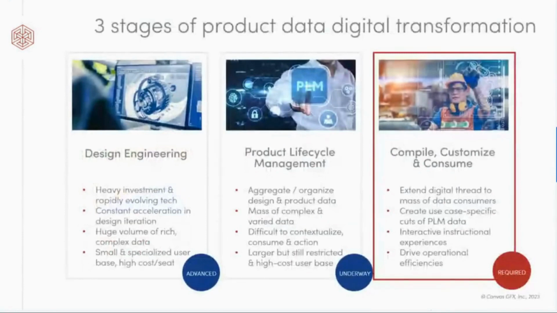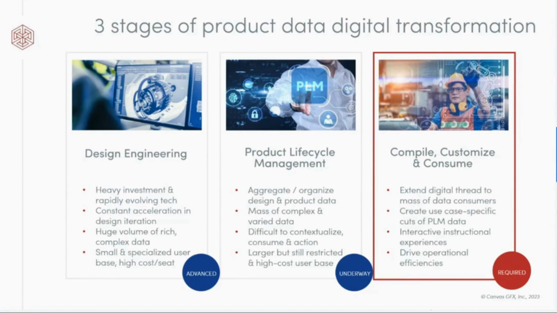We think the third stage of product design data digital transformation is really on the document and the document consumption in engineering organizations. We've seen a lot of transformation in design engineering, the ability to run optimization studies and modeling tools, the ability to collaboratively design, run simulations, kinematics, etc. And then on the PLM, we're seeing transformations underway now with the way we store and organize data.